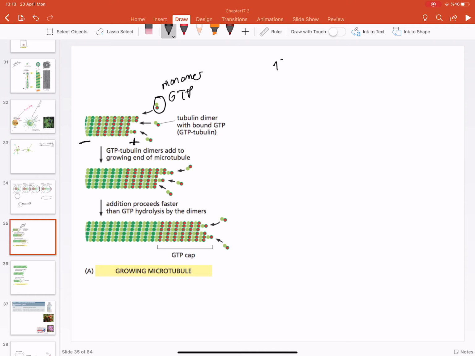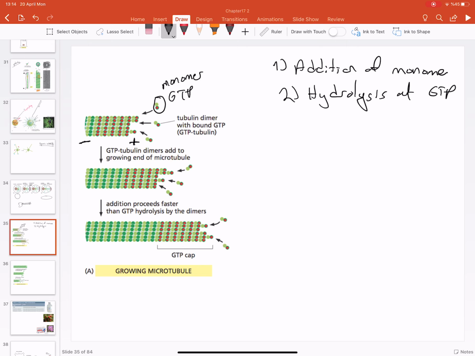Okay, now we are talking about two speeds here. The first speed is the addition of monomers. And second, because these are GTPases, the second is the hydrolysis of GTP. Now, which one is going to be faster? In this case, the addition of the monomers, so number 1 is happening faster.